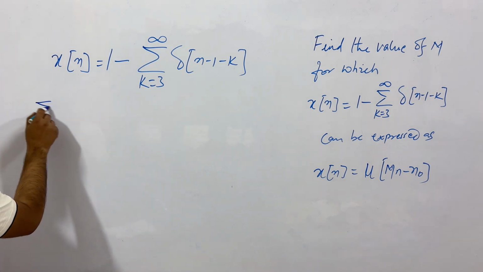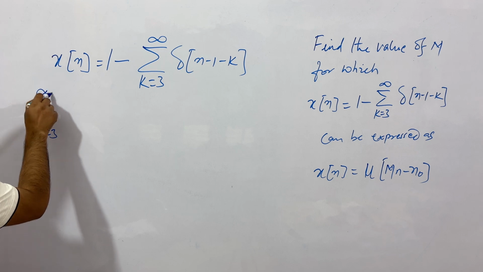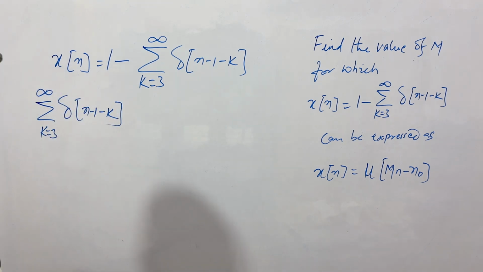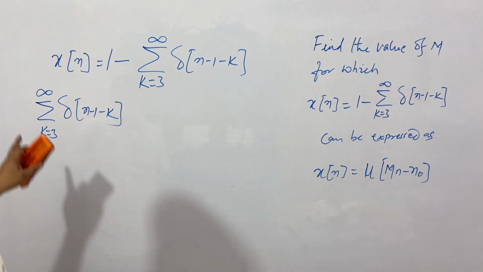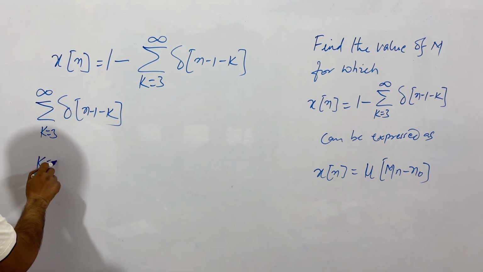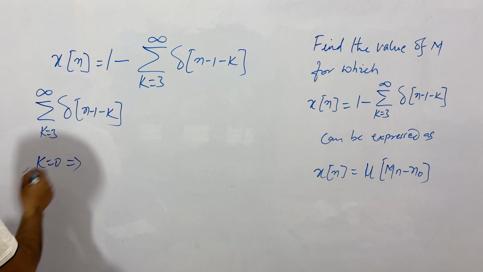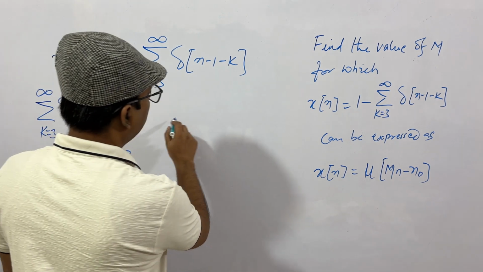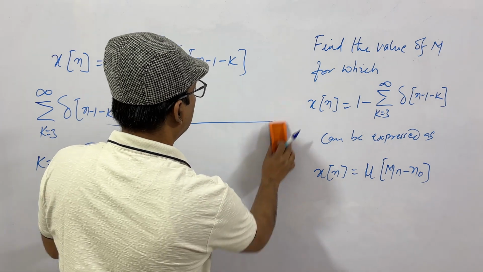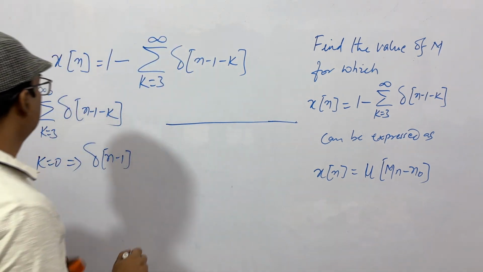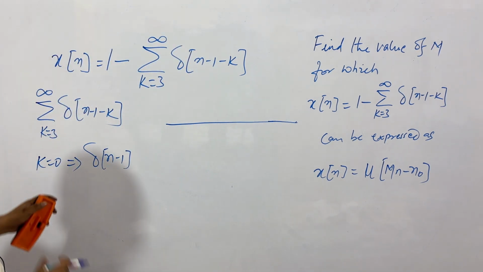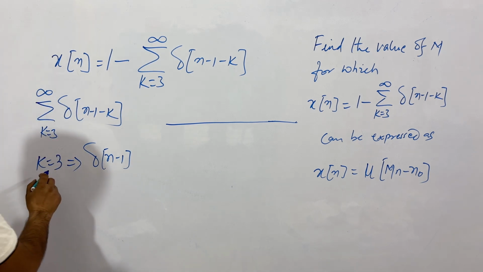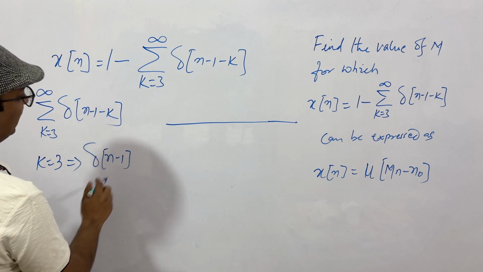What is the meaning of this? K equal to 3, impulse function n minus 1 minus k. I have solved some questions like this in my earlier videos. You know how we do this. For k equal to 0, what is the meaning of this? When k is equal to 0, this is actually del n minus 1. Oh no, we cannot take k equal to 0. We'll start from 3. It's from 3 to infinity. So at k equal to 3, the first point, this will be n minus 4.